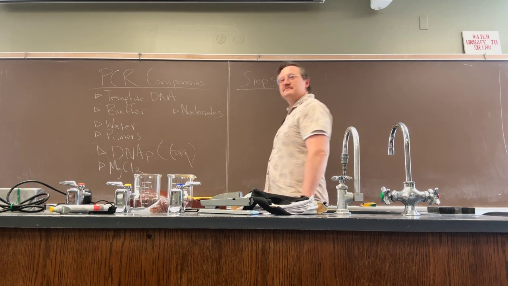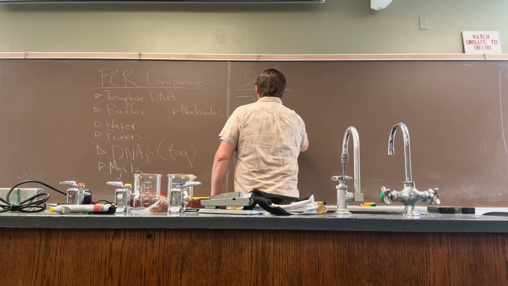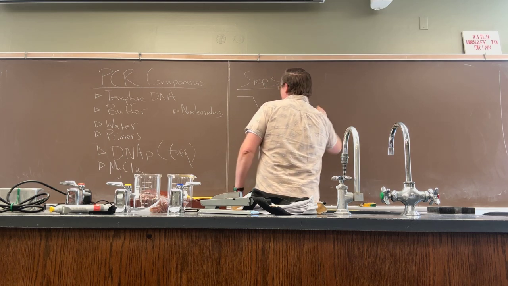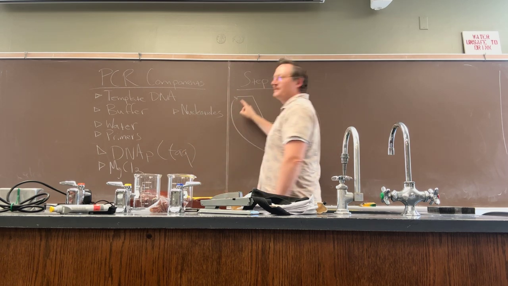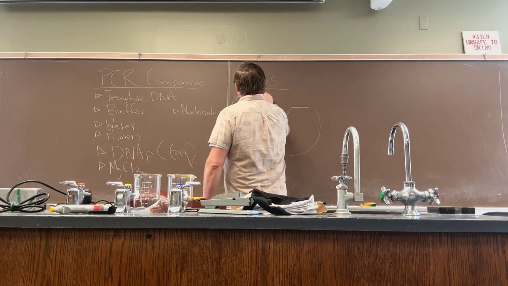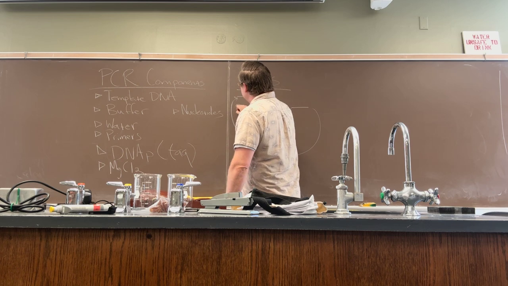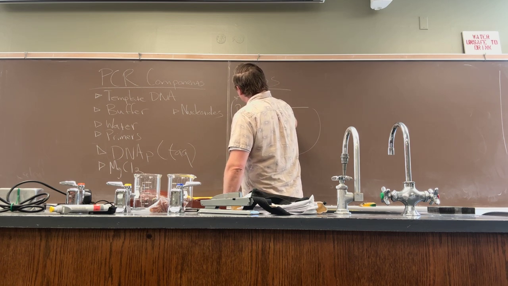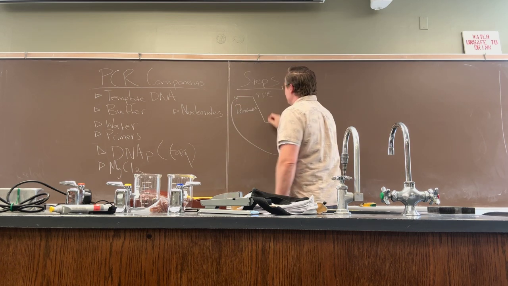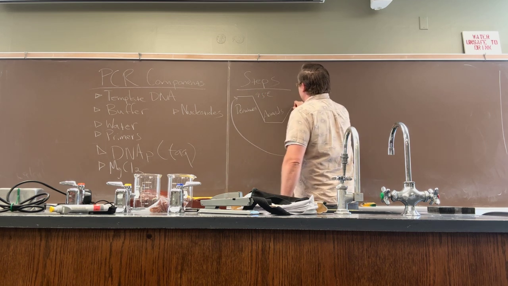The steps of the PCR reaction: hot, cold, middle, and then repeat. High temperature, low temperature, middle temperature. Usually around 95 degrees Celsius is the high temperature. The high temperature denatures. The low temperature anneals. The middle temperature extends.